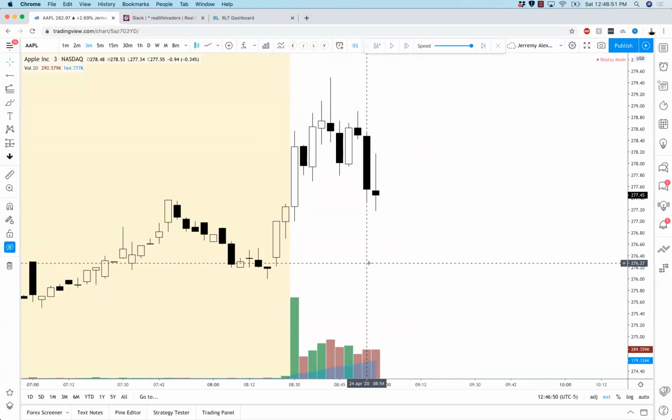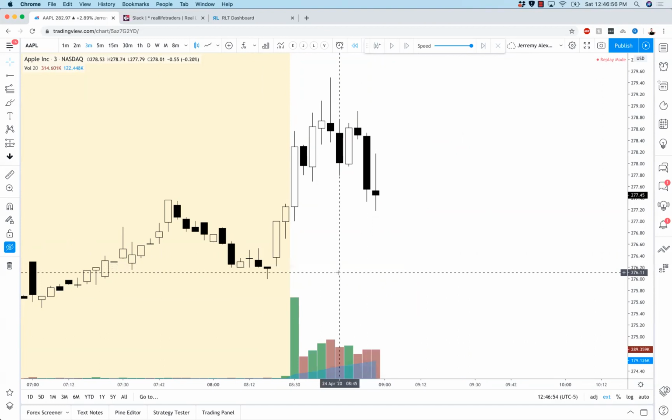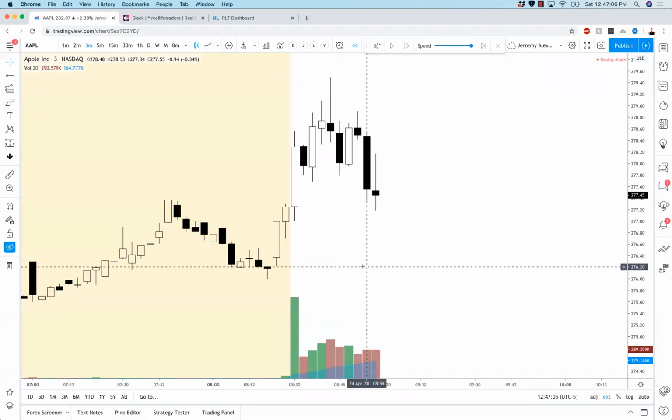Next candle, boom. Indecision candle. Now you might say, Newsom, that didn't gap at all. And I would say, you sure? Close of this bearish candle, 275.55. Open of this candle, 277.53.